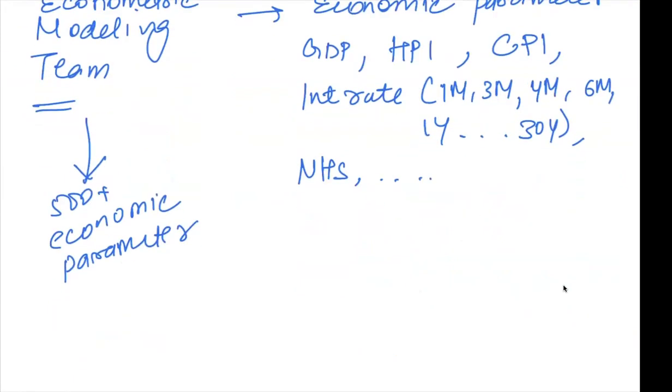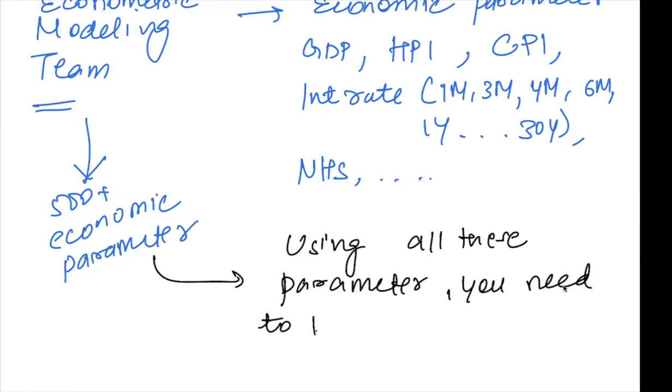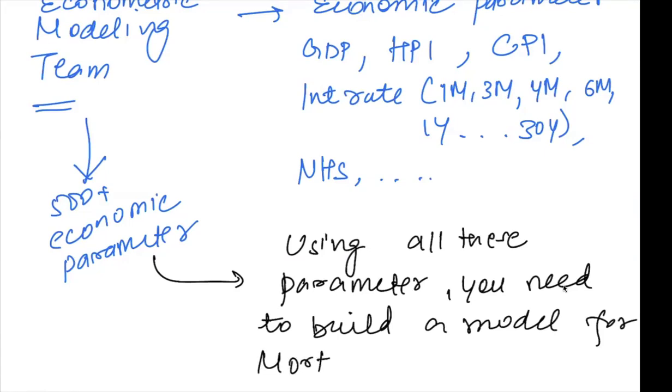Now, using all these parameters, you need to build a model for your mortgage balance or your mortgage portfolio. Right now we are just focusing on the mortgage portfolio. I'm just taking a very specific example.